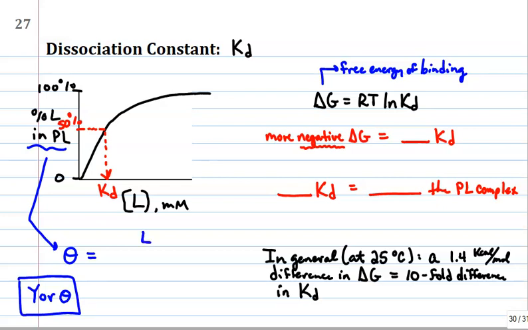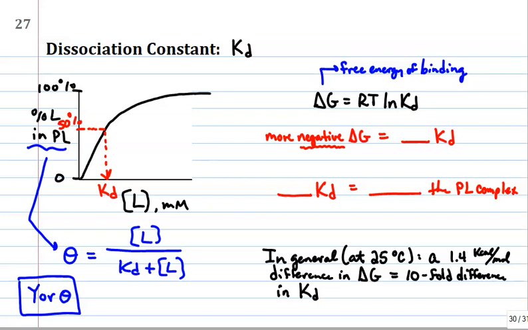In this case, we can get more defined. The theta here is the ligand concentration divided by K sub D plus the ligand concentration. So a plot of theta versus ligand concentration should yield a hyperbolic curve that levels off at higher ligand concentration. So you can think about it either way.